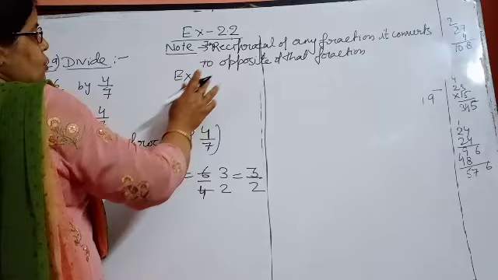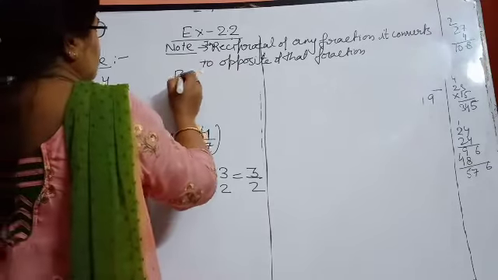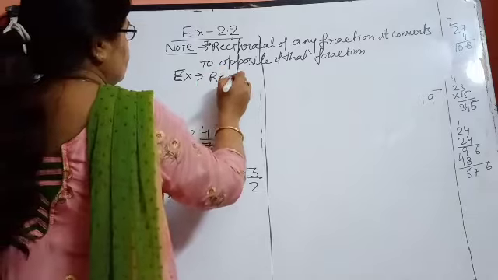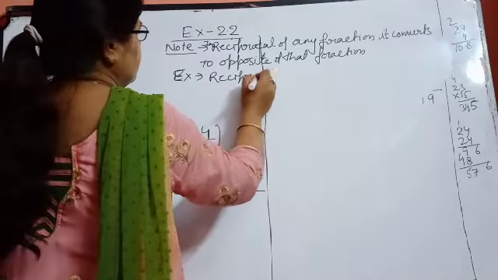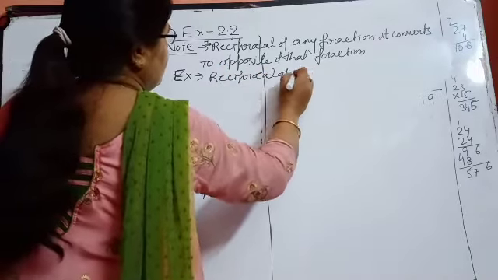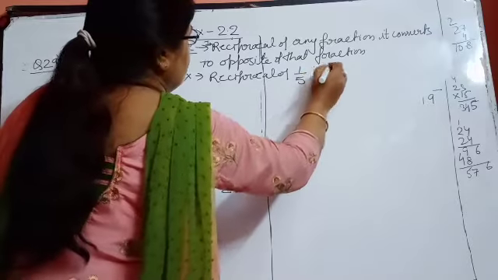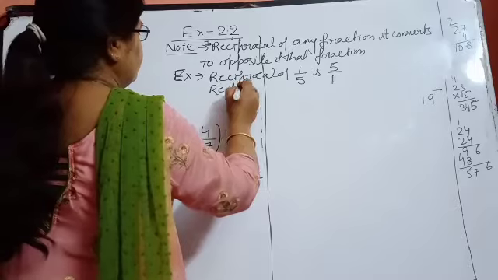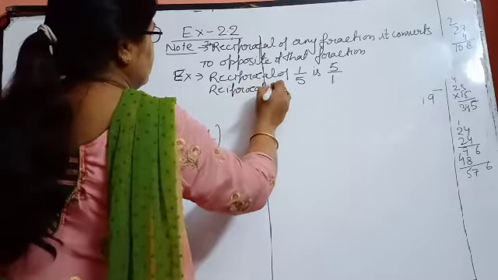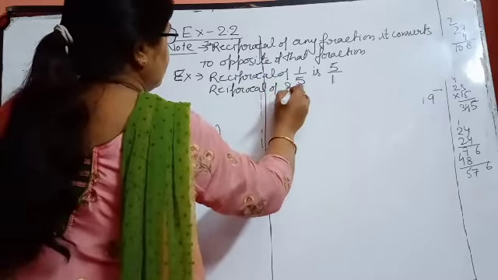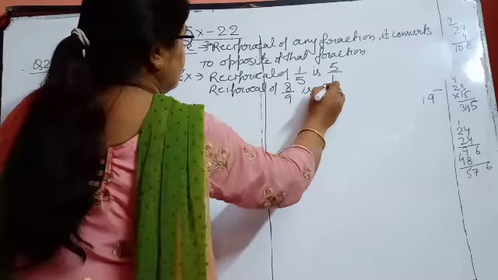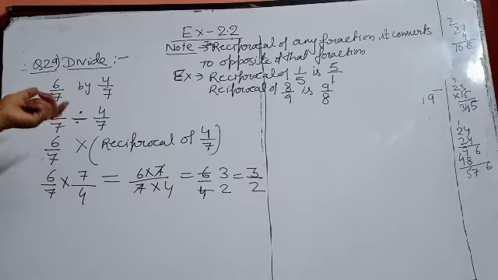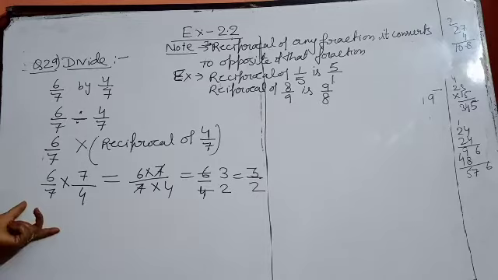Make it an important note in your copy before this question. For example, the reciprocal of 1/5 is 5/1. The reciprocal of 8/9 is 9/8. Okay, in this way, now everybody can understand the reciprocal.